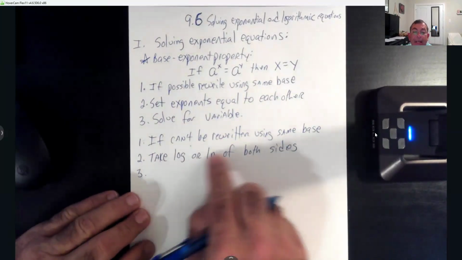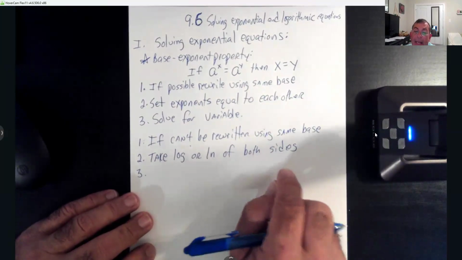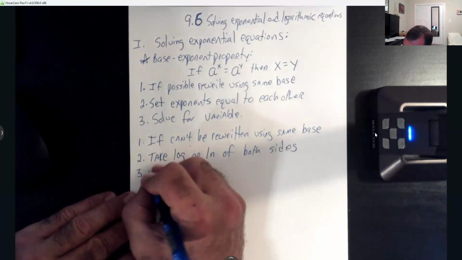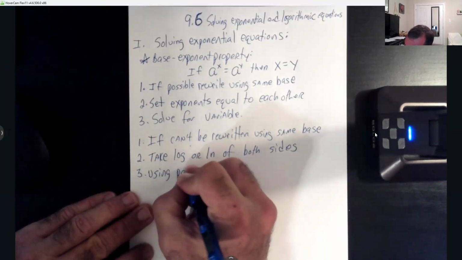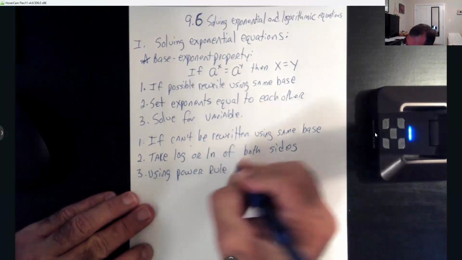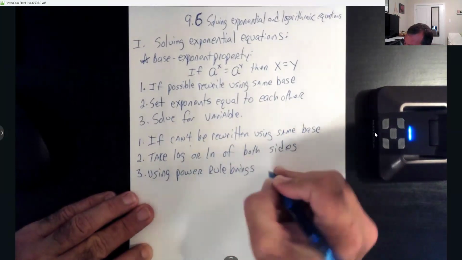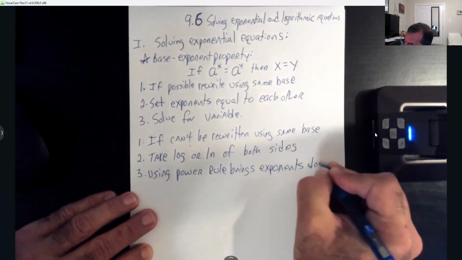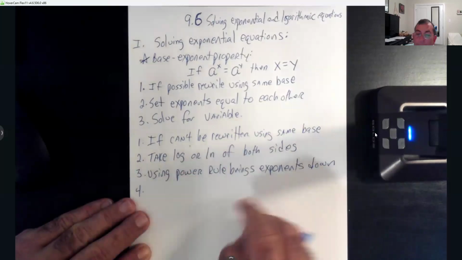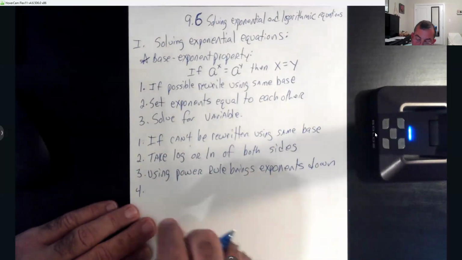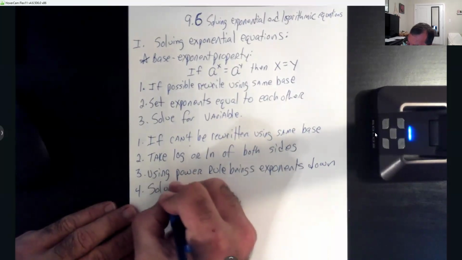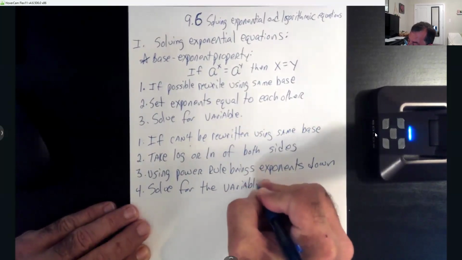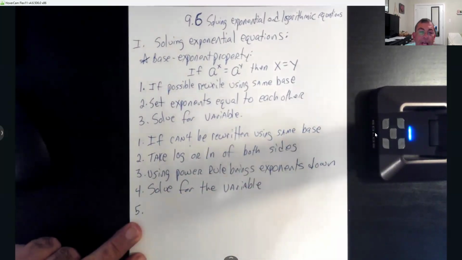Because what happens if I take the log or the ln of both sides, I can then use the power rule and bring the exponents down to the front. Using power rule, bring exponents down. Once I brought that exponent down, I'm then going to solve for the variable. And then check if needed.